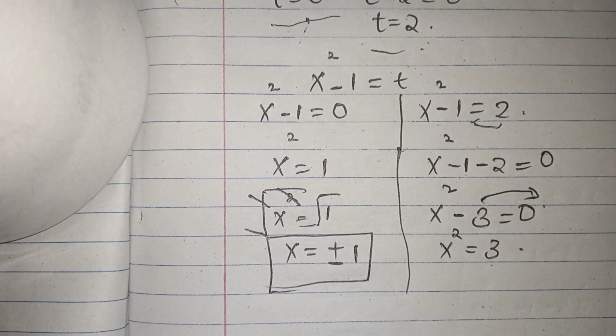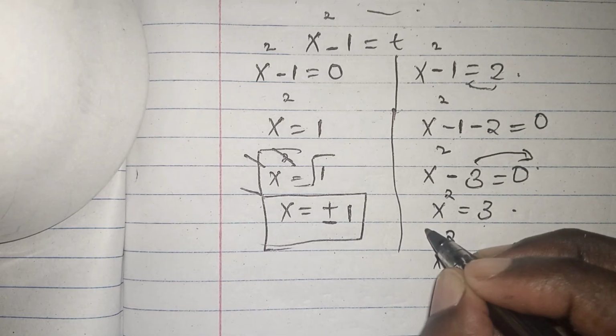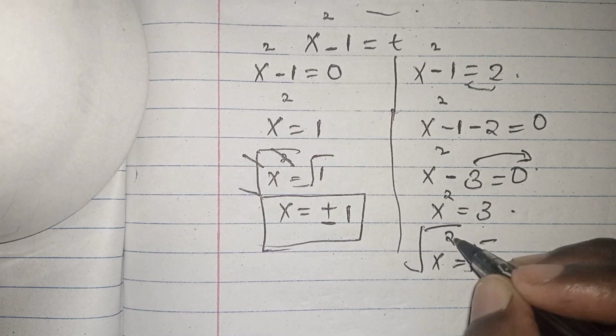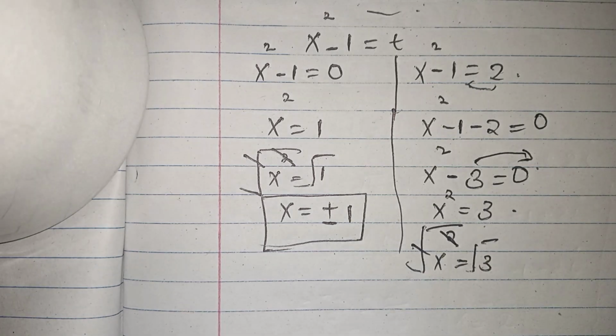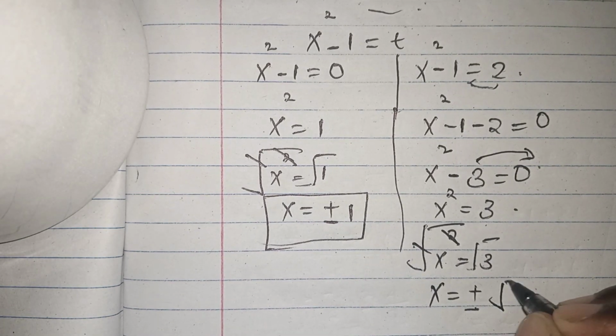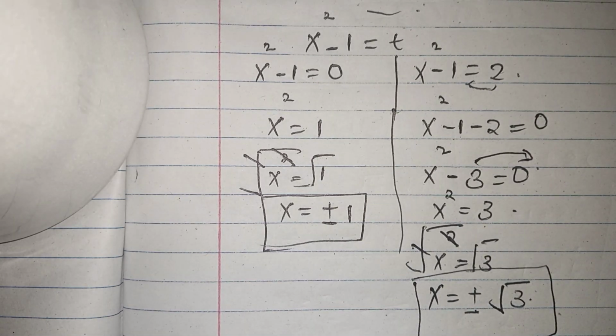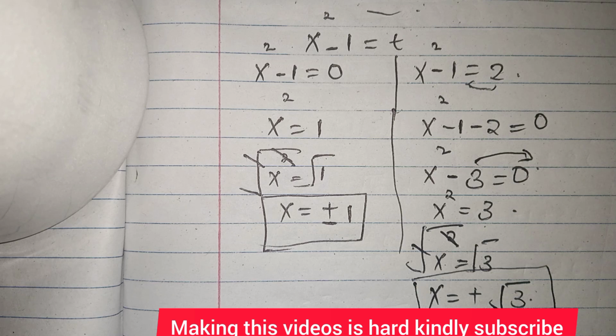To get the value of x, square root both sides. So this square will cancel with the square root, and x is equal to plus or minus the square root of 3. So we found the same answer just like in our first method.